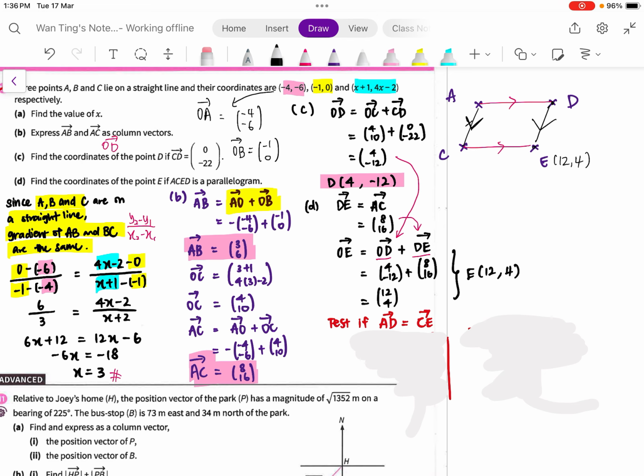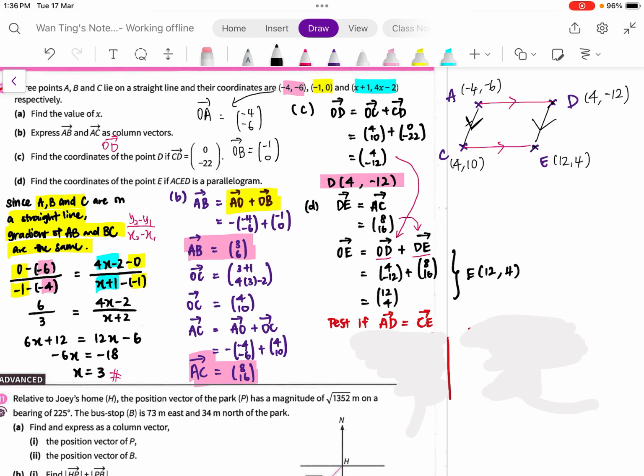How to test? We test whether AD and CE are equal. A, we have it as (-4, -6). C, I have it as (4, 10). D, I have it as (4, -12).